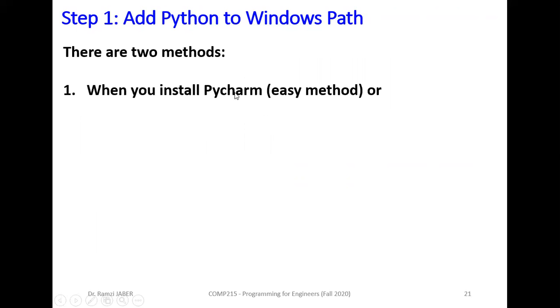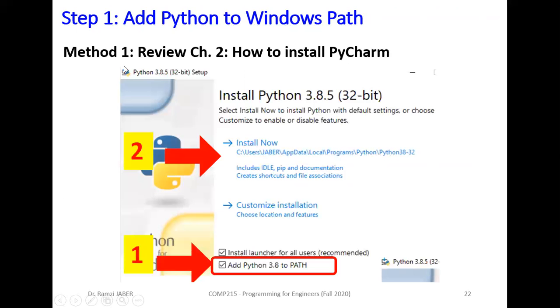When you install PyCharm, it's the easy method, or manually adding the path, the hardest method. So method 1, review chapter 2, how to install PyCharm. When you install PyCharm, there is a checkbox, add Python to path. When you install, click it.